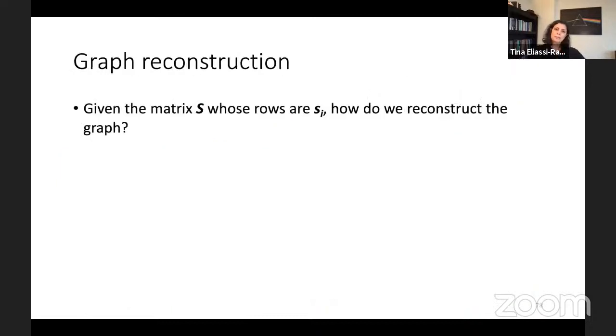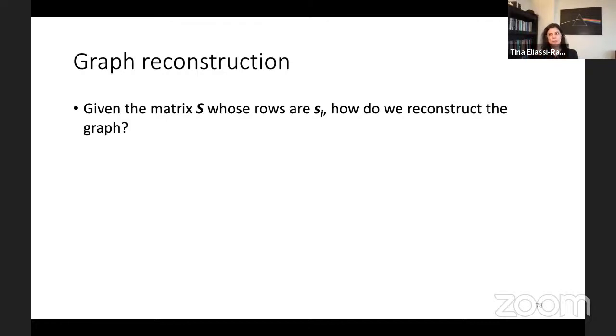So then, one of the things that people use these embeddings for is to do graph reconstruction. So given this S matrix that I found, right? I started with a graph, I found its Laplacian, I did singular value decomposition, I took the singular value matrix, I separated it into its roots, I merged the roots to the side matrices, and then I said, oh, here's this S matrix, and I'm only going to look at its d columns, and that's going to be the embedding of my nodes.